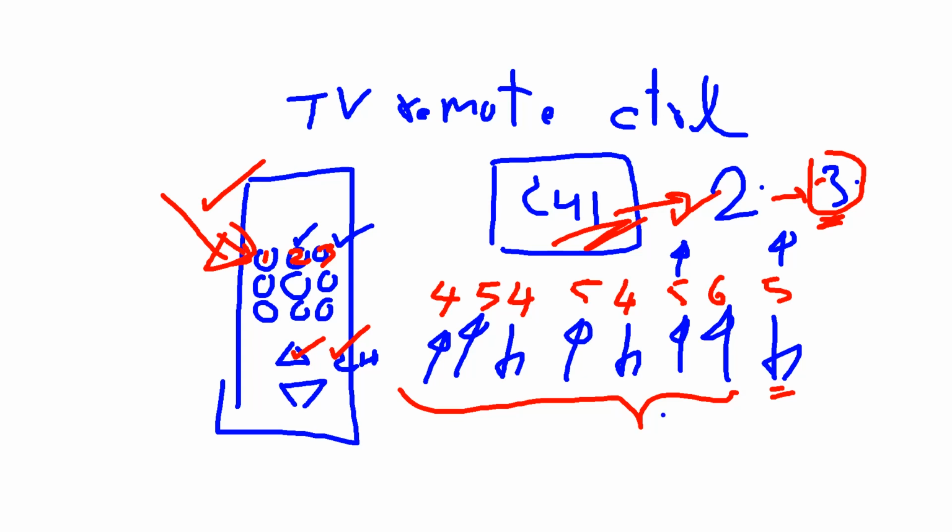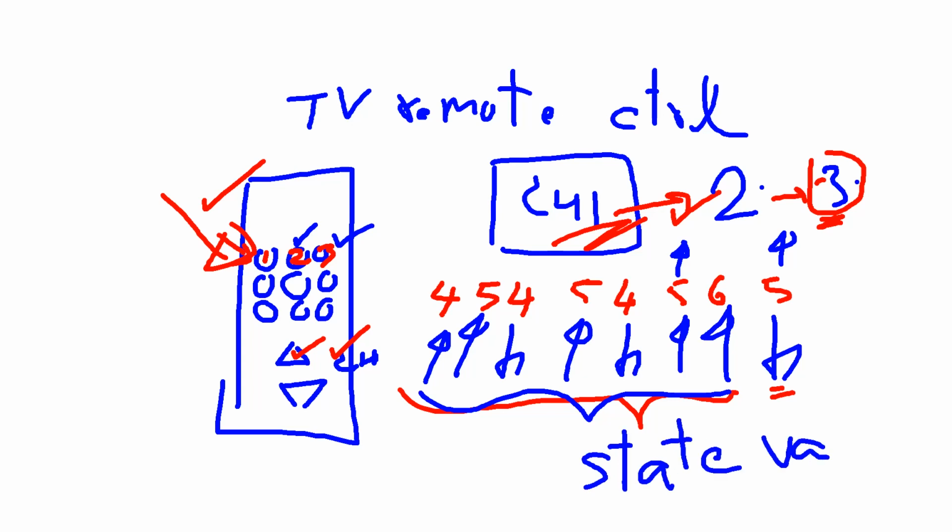Anyway, in practice, it's not possible to memorize all the sequences of the input. So for sequential circuit, it creates one more variable called the state variable, to keep the state, to represent the result of the previous sequential input.